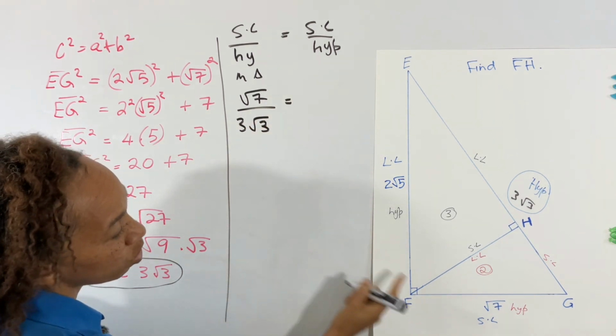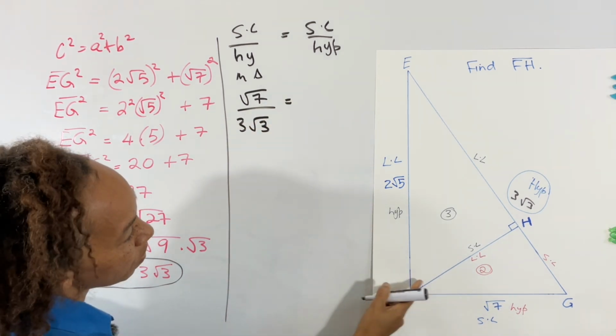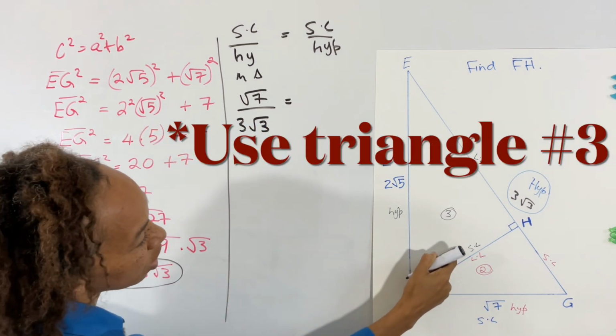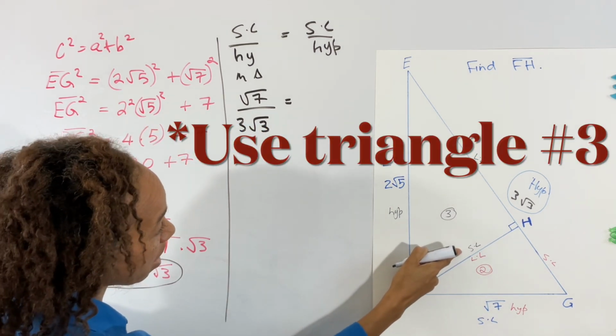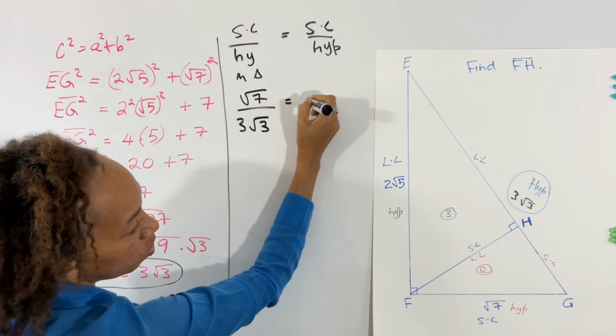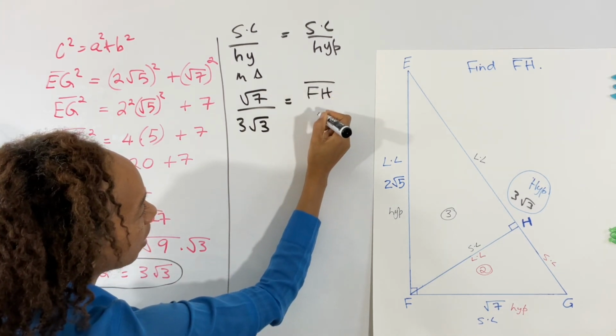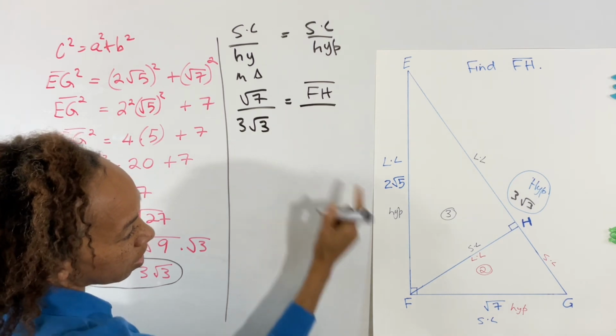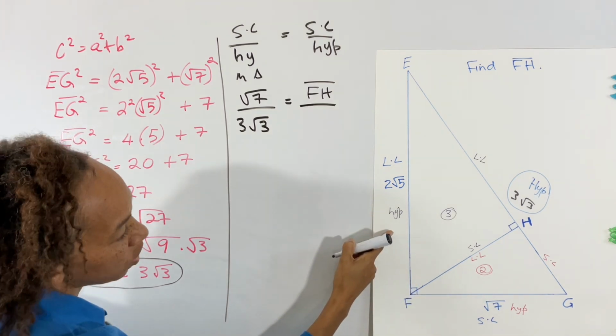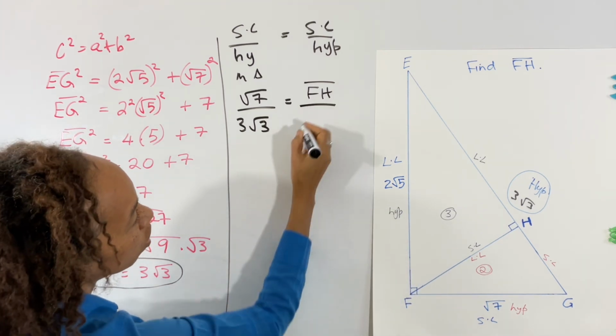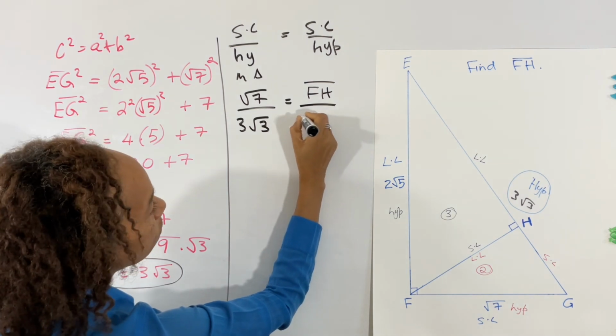Set that equal to, using my next example here, which one has the short leg? The short leg is the altitude, which is here, right? So I can use the unknown, segment FH, over the hypotenuse, which is now 2 radical 5.